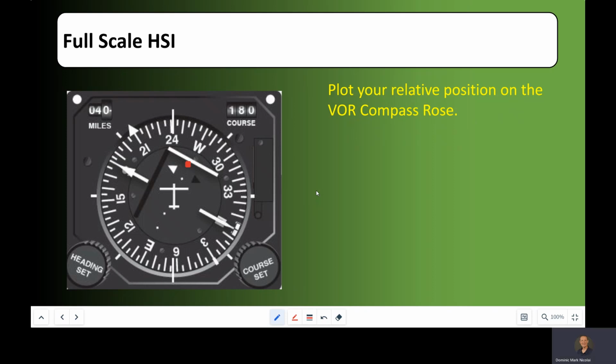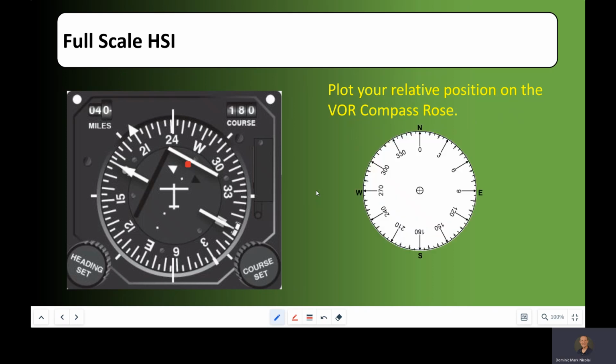So how do we plot our position here? Okay. So I always start off with what course is the CDI programmed for? The VOR course is 180 degrees. My triangle is pointing towards the head, so by TO indication.